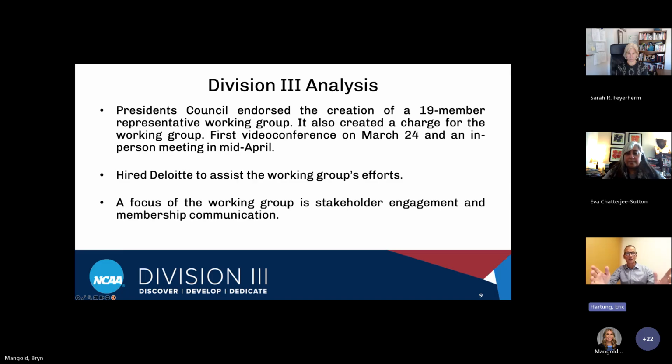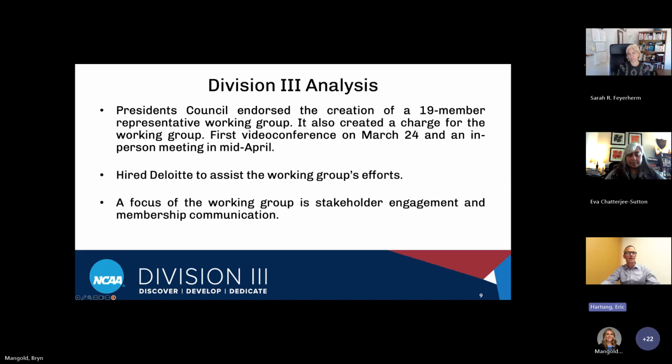Now, what they've done is this working group will oversee that work, but we have retained assistance from Deloitte, who helped us out a couple of years back with a great risk analysis study. And they're going to help us in the working group's efforts here to gather this feedback and propose what the next steps may be. The key piece here is in that third bullet: stakeholder engagement.